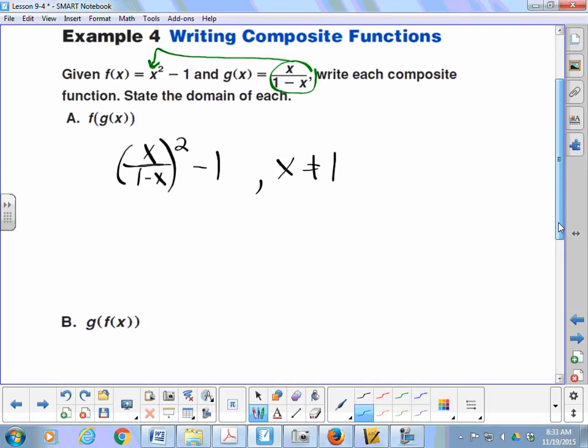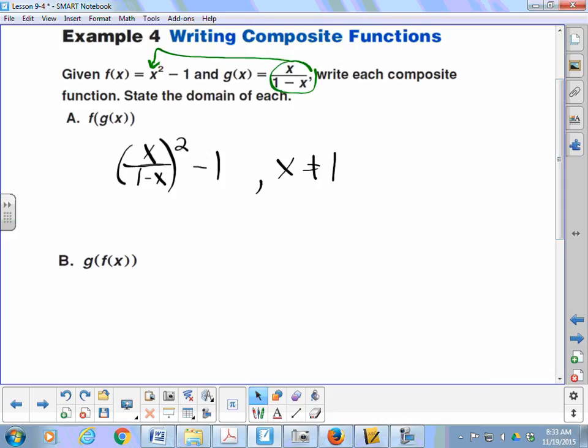All right, so then we're going to take it the other way. Find g of f of x. So this means that we're going to take x squared minus 1, and we're going to replace this x with it, and that one. So anywhere there's an x, I'm putting in the other function.